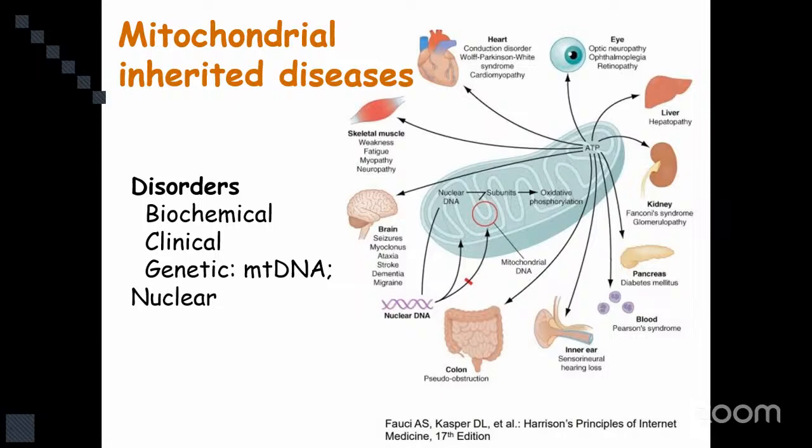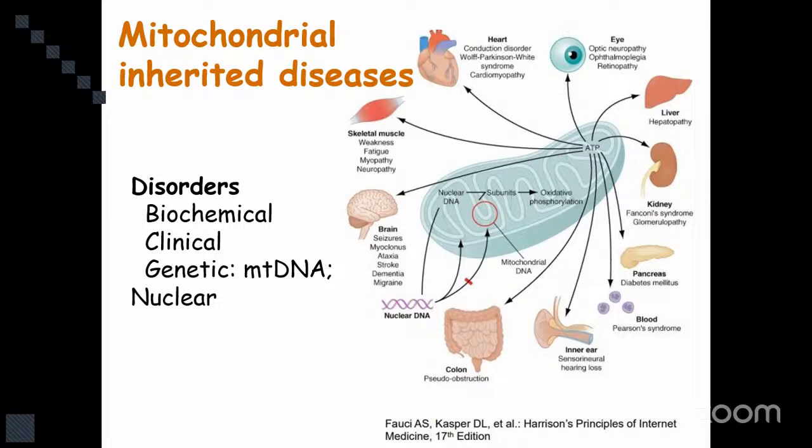The disorders will affect biochemical, clinical, genetic, and nuclear aspects. Because mitochondria is essential to the survival of the cell as the center for energy production in the living cell, you can see how it affects a variety of organs and tissues in the body.